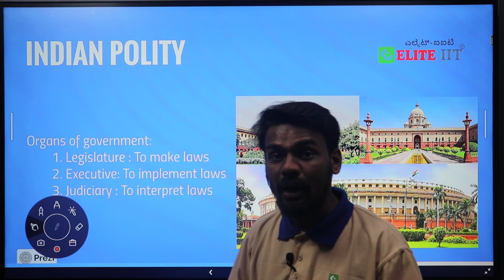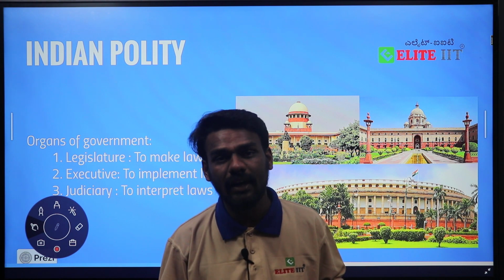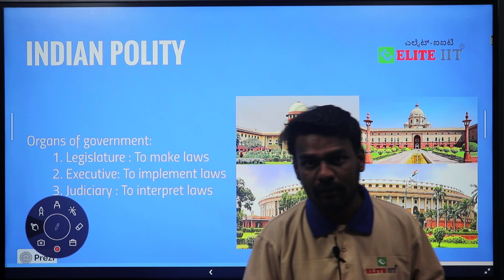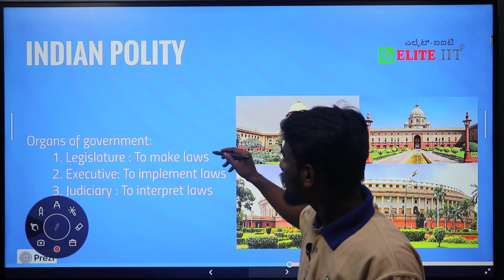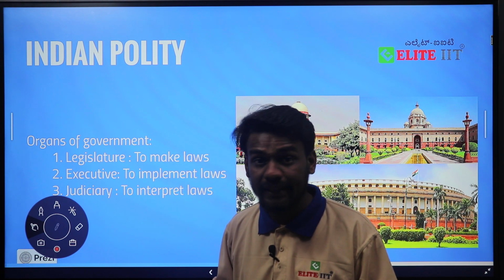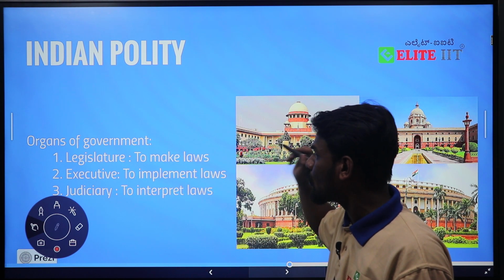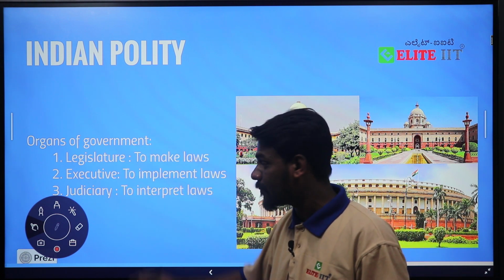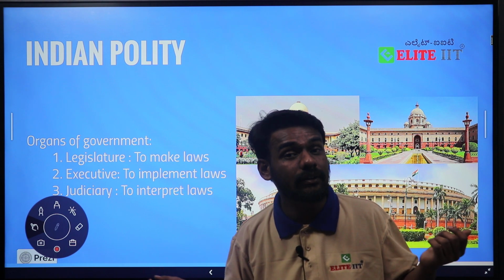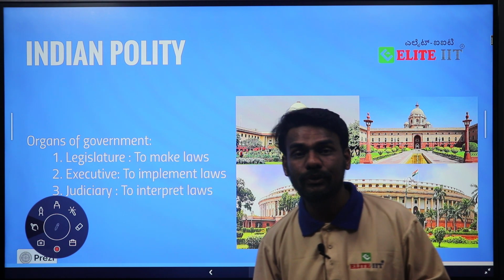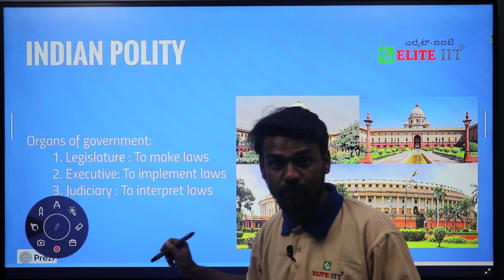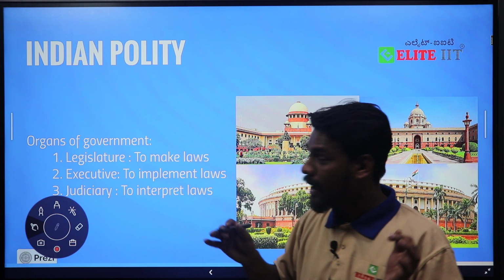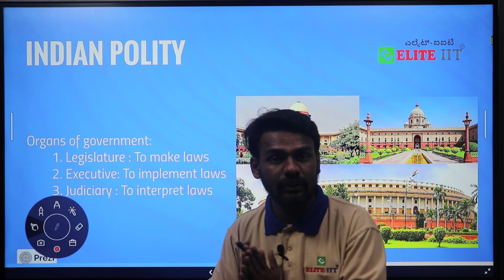In India, parliament is considered as the supreme lawmaking body, right? Those people who are sitting in the parliament are considered as legislatures, who make laws for the country, and executives will implement the laws properly in the country.